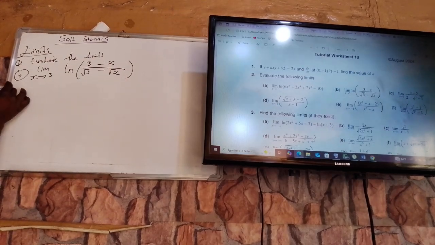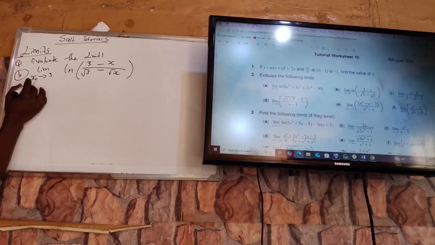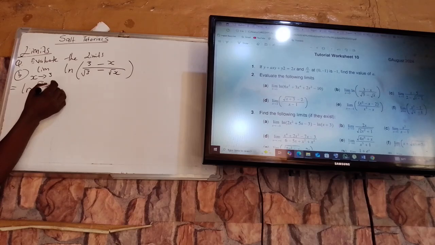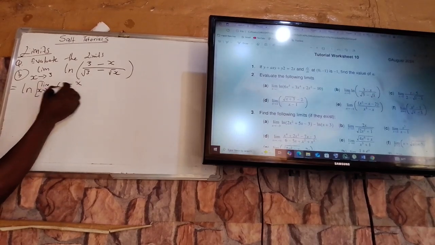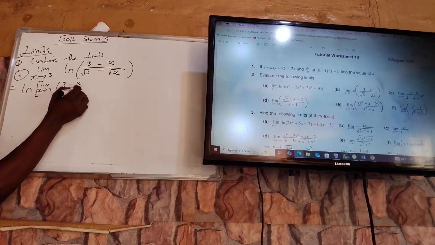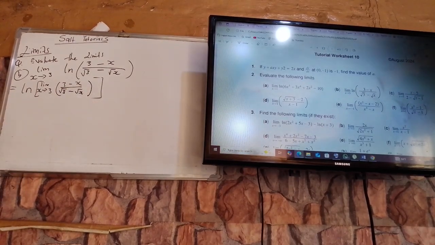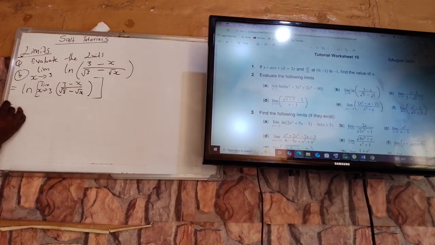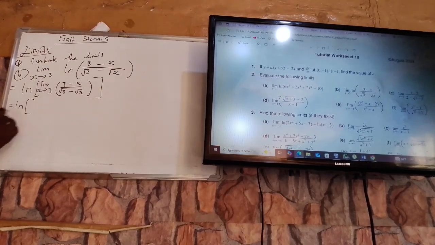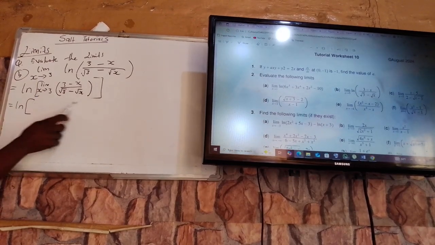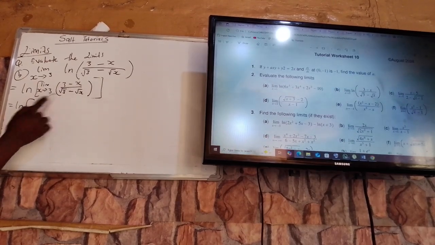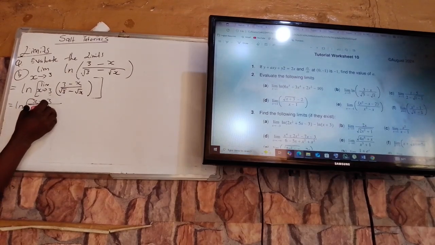So this is the same as the limit goes inside, so that the natural log of the limit as x approaches 3 of 3 minus x over root of 3 minus root of x. Something like that. So that we can have the natural log of, now when you are looking for the limit as x approaches 3, it is as good as evaluating this whole function at x equal to 3. So let's put in 3.